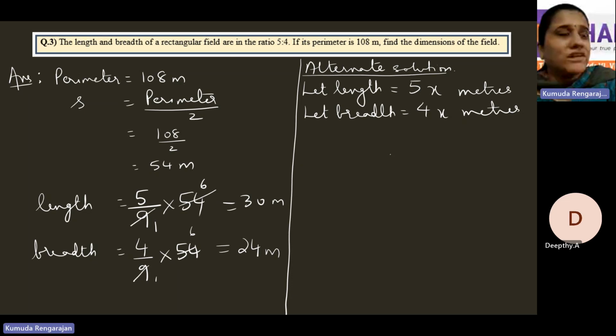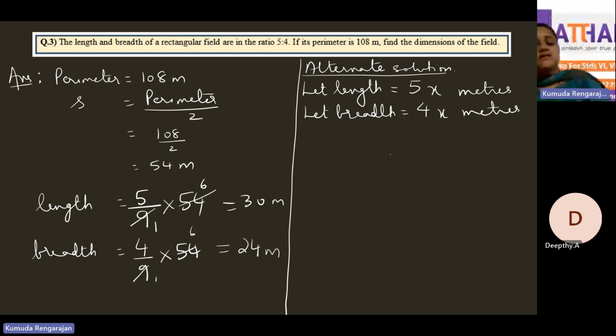So whenever you have a ratio, here the ratio is 5:4. That means the length is 5 parts and the breadth is 4 parts, right? So the value of the length is 5 into some constant, and the value of the breadth is 4 into some constant. Let the constant value be x.